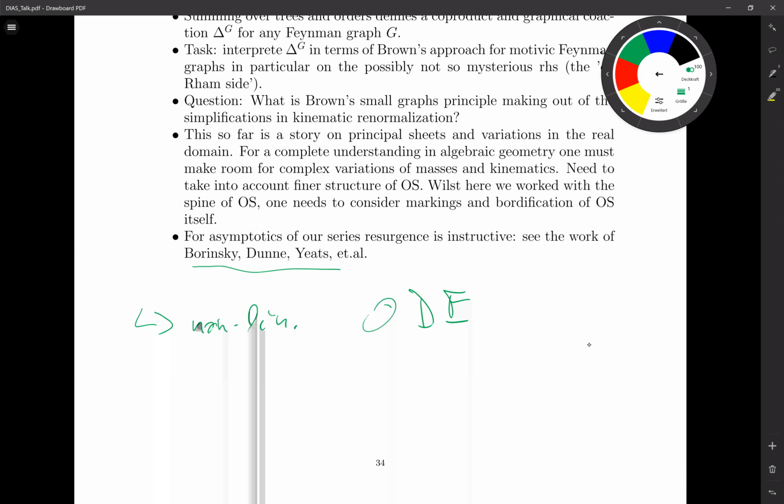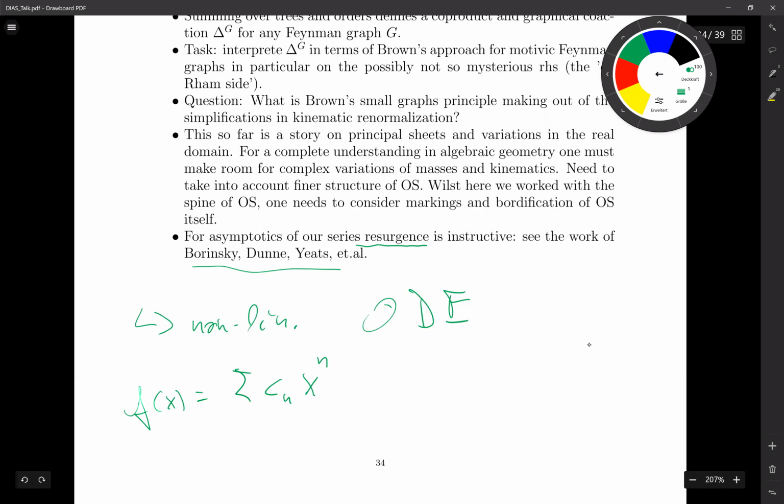But what you can do is, you can take the theory of resurgent series. Say you have one formal series, f(x) is the sum of c_n x to the n, and you know a recursive relation which determines the c_n.